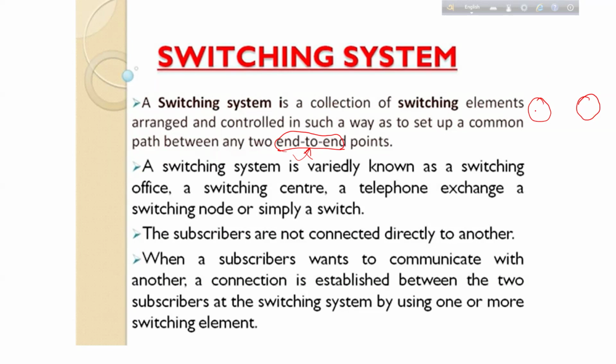So between these two end nodes, a switching system is a collection of switching elements. There should be some arrangement of switching elements. So the combination or collection of switching elements arranged and controlled in such a way to set up a common path between two end nodes is known as a switching system.